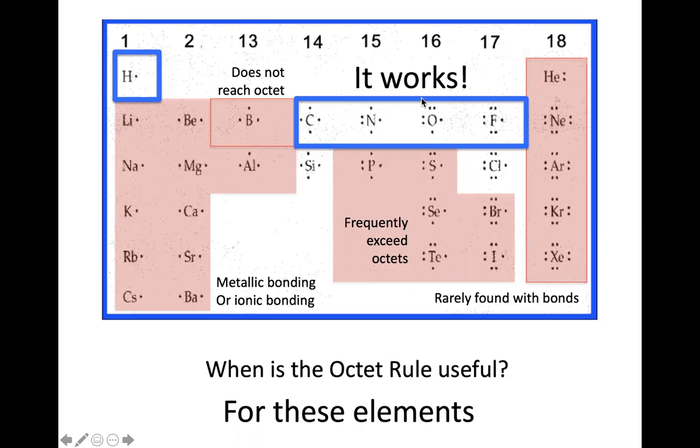I'm just saying this is where we want to recognize that it is really useful for carbon, nitrogen, and oxygen. And with hydrogen, only a single bond. Something like chlorine I'm leaving out because we're going to see that often will also exceed an octet. These are the ones, though, that I'm really confident it will work for.